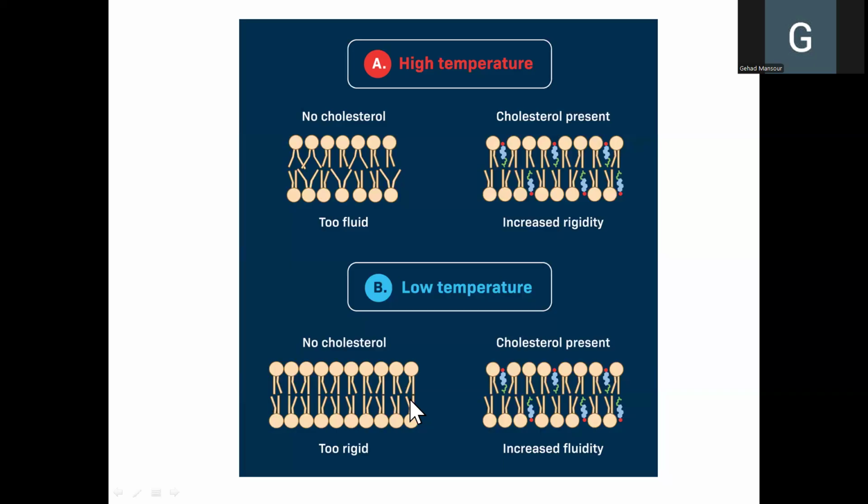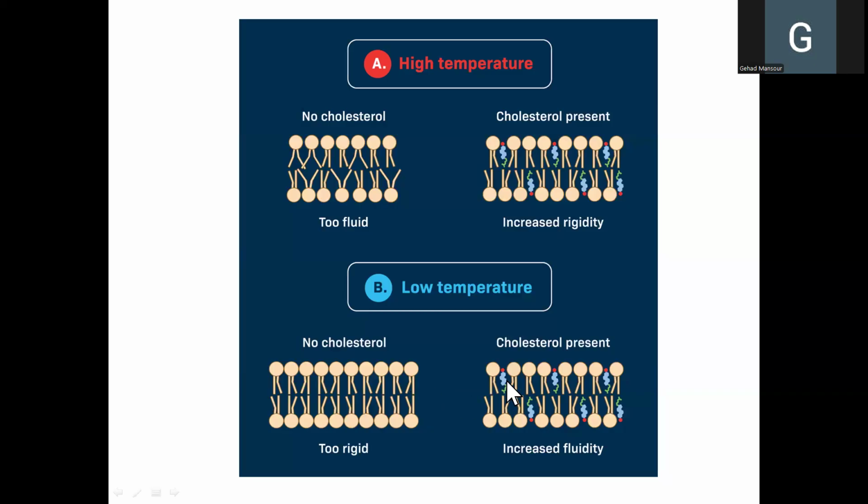And as you know, the saturated fatty acids tend to be solid, especially at low temperatures, just like margarine, for example, or the hydrogenated fatty oils become solid in the fridge or in cold temperature.